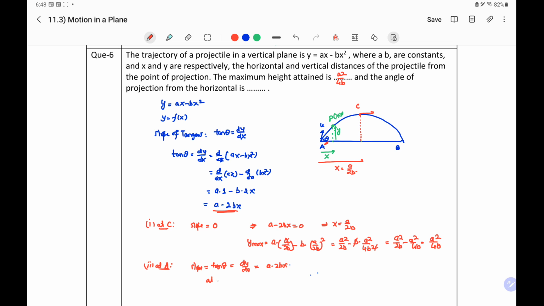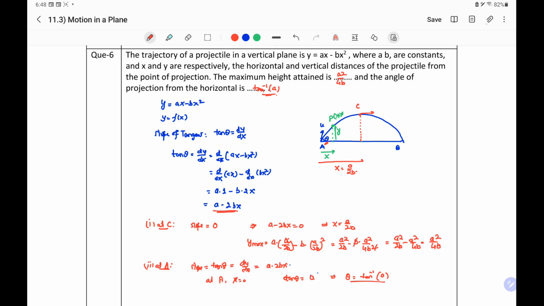And at point A, x equal to 0. So we substitute the value x equal to 0. We will have slope tan theta equal to a. That means the angle of projection theta is tan inverse a. So the angle of projection from the horizontal is tan inverse a.